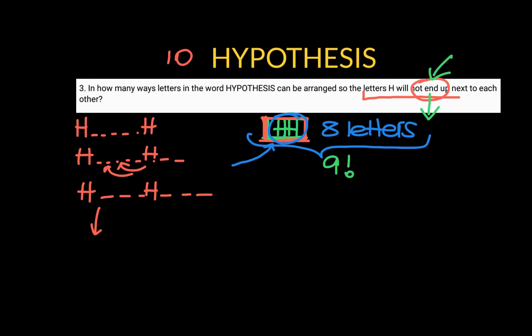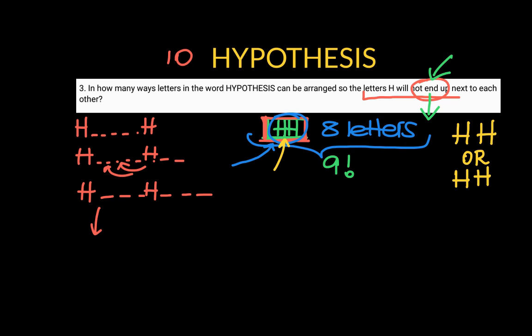Do I have a but here? Yeah, but what about inside? Do I need to look at what's happening inside here? The objects, the 2 letters H, are identical. So whether I put a first H and then the second H, or I take a second H and then a first H, it's not a new arrangement.